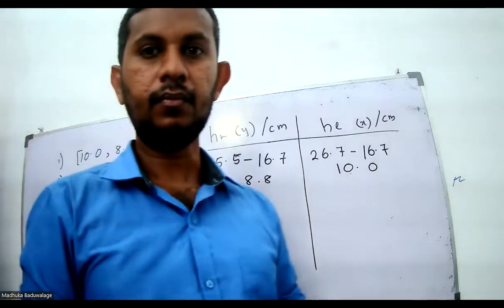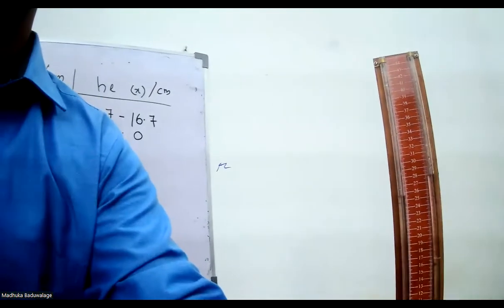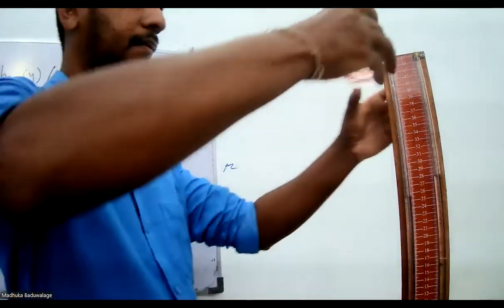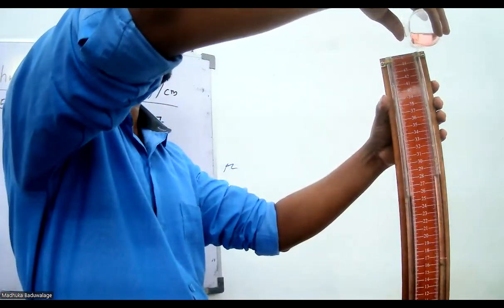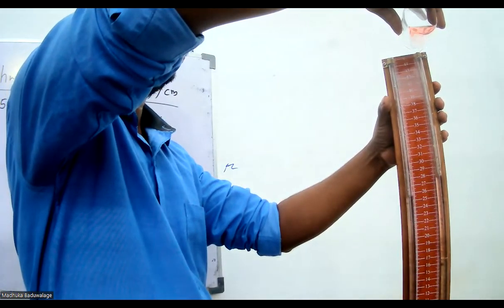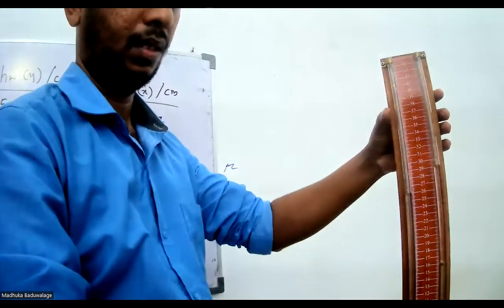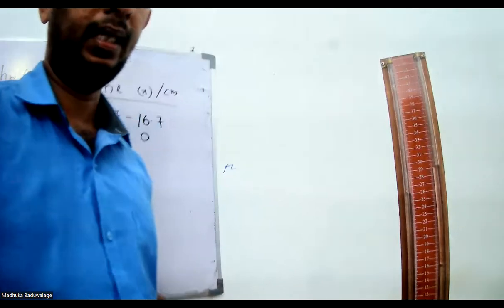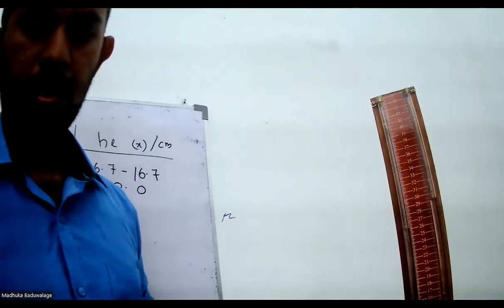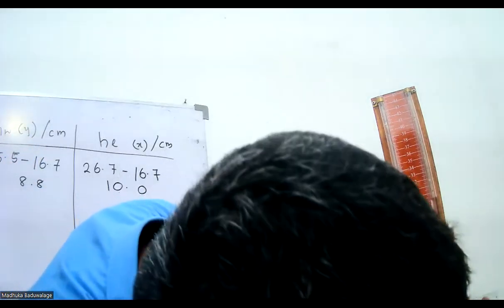Again, I am going to add kerosene oil. Now, after adding, the common interface position will be changed. First, I am going to find out the new position of the common interface.